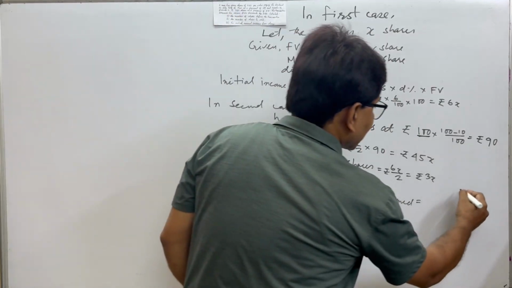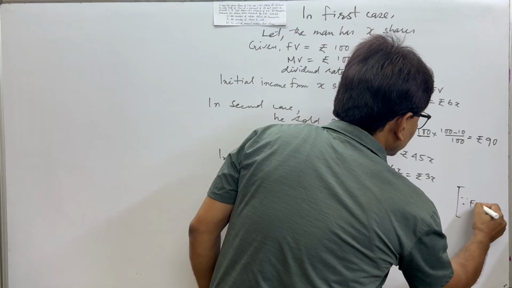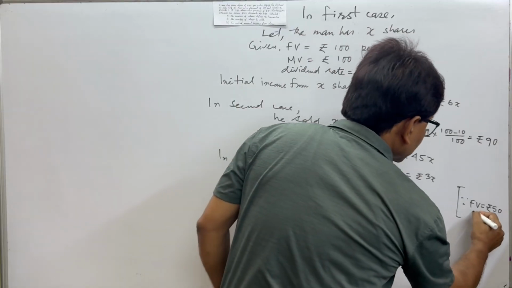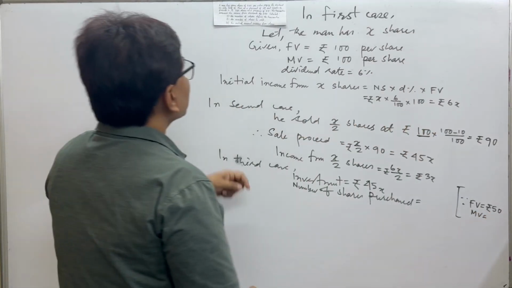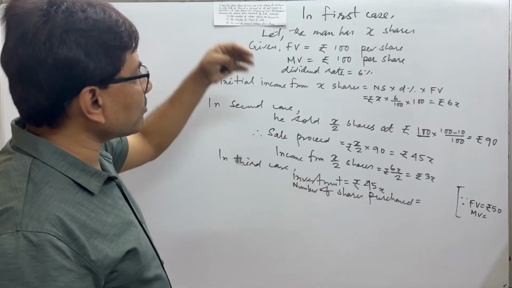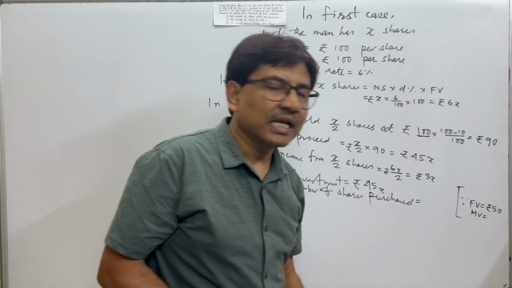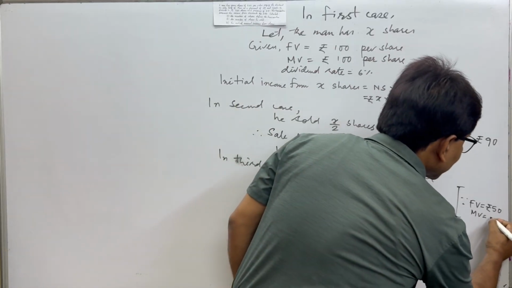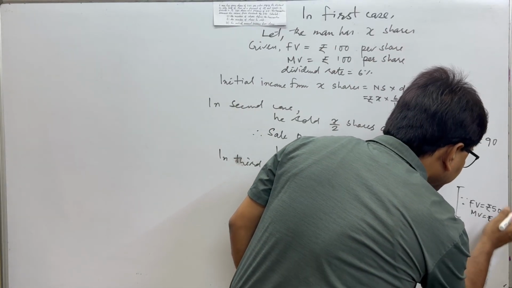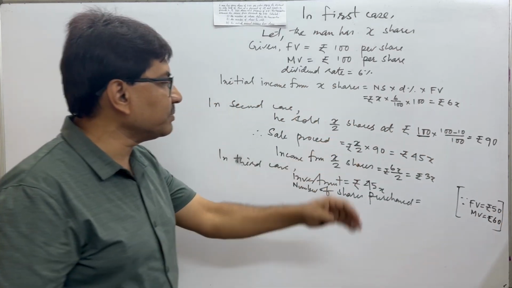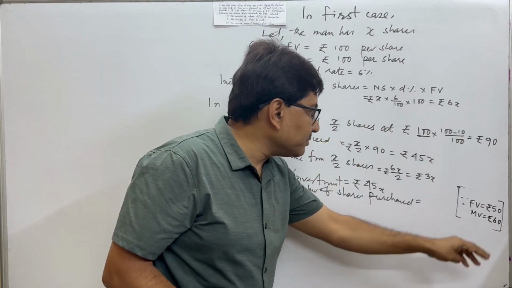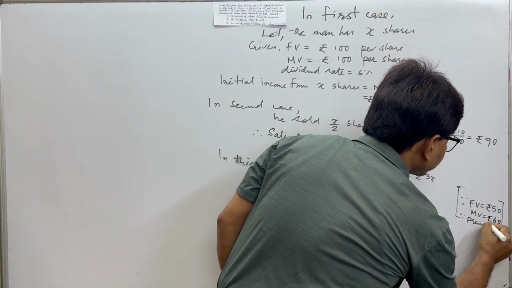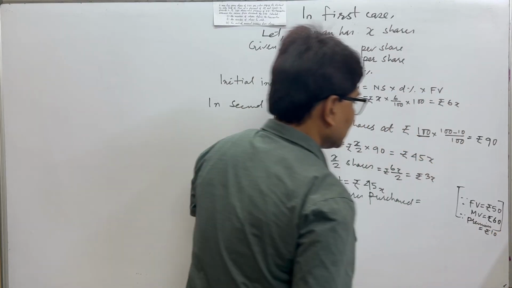Rupees 50 share means face value equals rupees 50, and market value, since premium is rupees 10, that means if face value is rupees 50, you have to buy at rupees 60 only. So market value is rupees 60, 50 plus 10, because premium is involved.